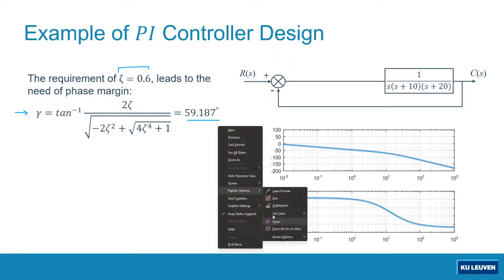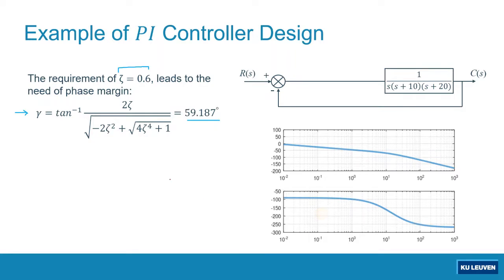Let me change the color. So now one of the requirements of the PI controller design is to have a phase margin equal to 59.187 degrees. How do we see phase margin?